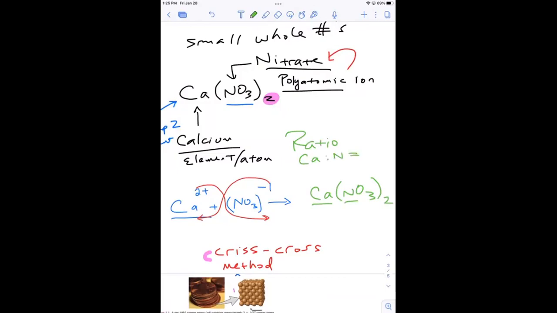Anybody? How many calciums are present? How many nitrogens are present? It's 1 calcium. And then there are, because of this 2 right here, 2 nitrogens. So the ratio is 1 to 2.